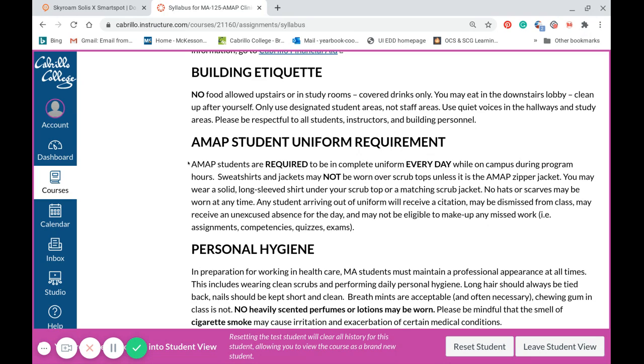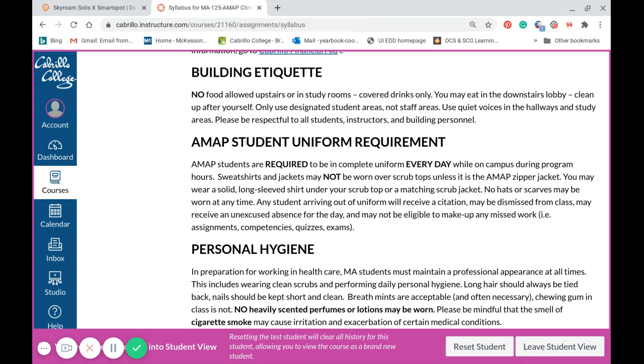You're going to be required to wear your uniform every day that you're here, every time you come onto campus, which I believe will just be on Fridays. And so that'll be your scrubs, whichever color Lori and Ashley provided to you. Okay.